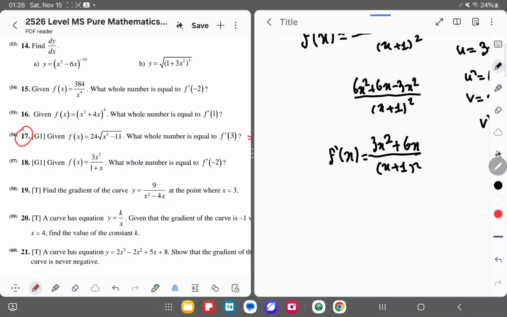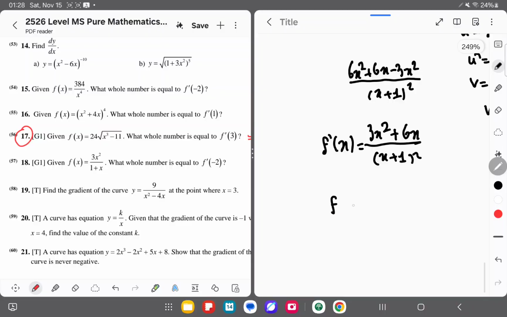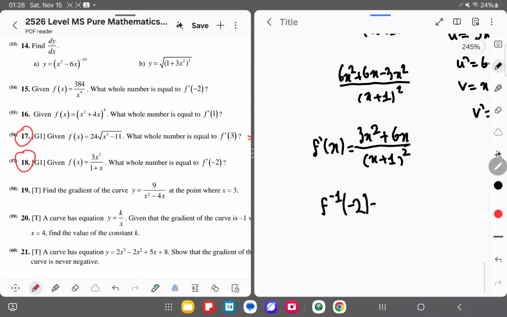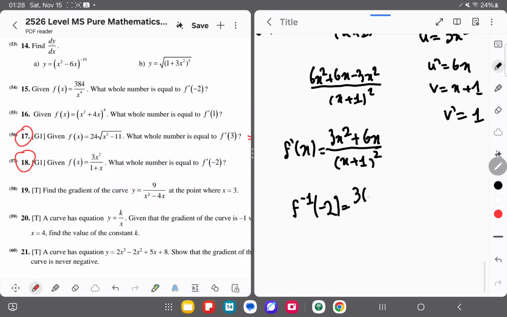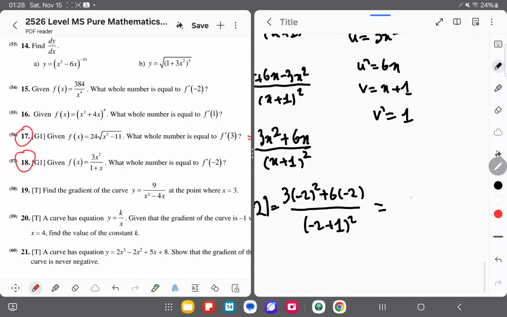Now I'll do f prime of x, the 2 is unclear here, it's 2, and we set x to minus 2. Remember, we're at this question, by the way. So we do 3 times (minus 2) to the power of 2 plus 6 multiplied by minus 2, over (minus 2 plus 1) to the power of 2, and we get 12 minus 12, 0.